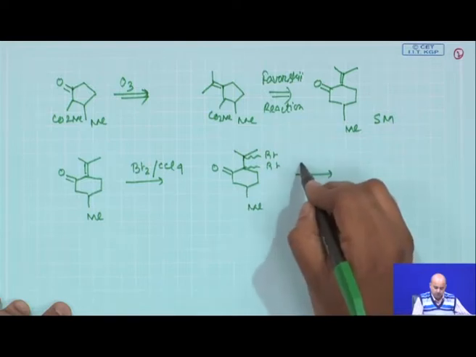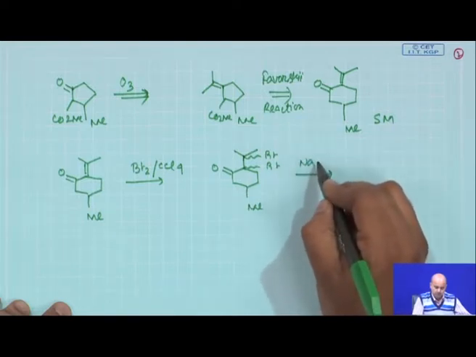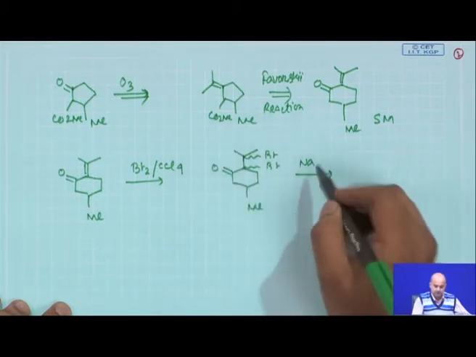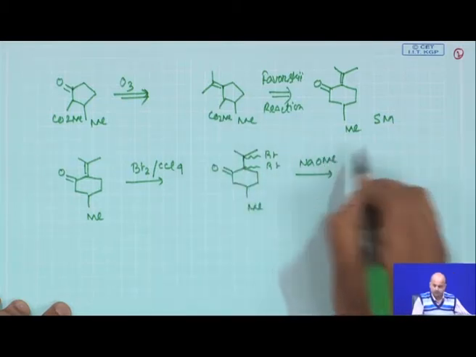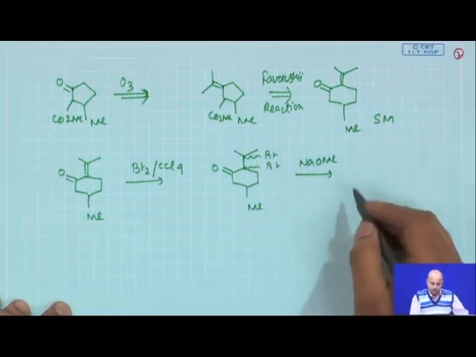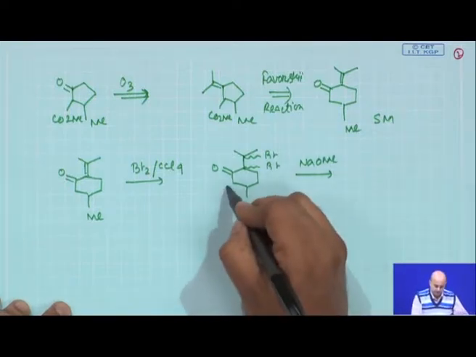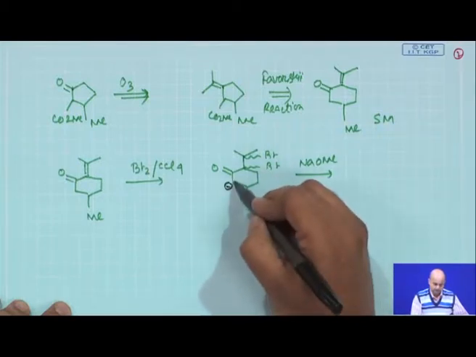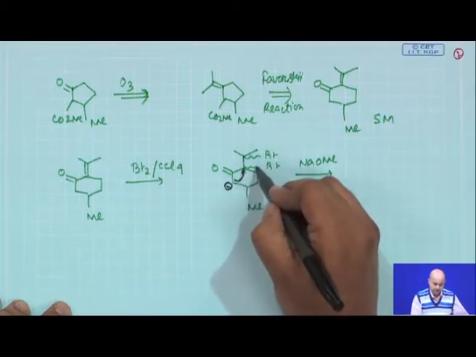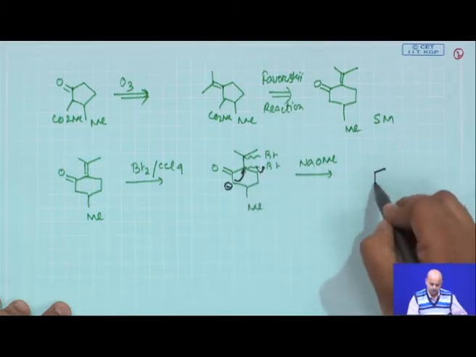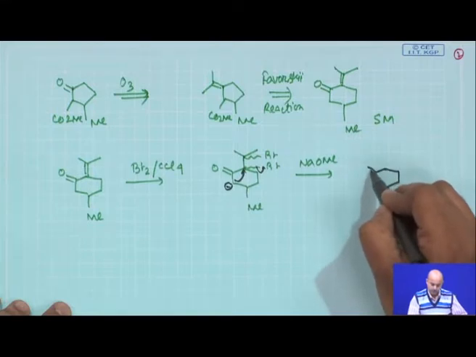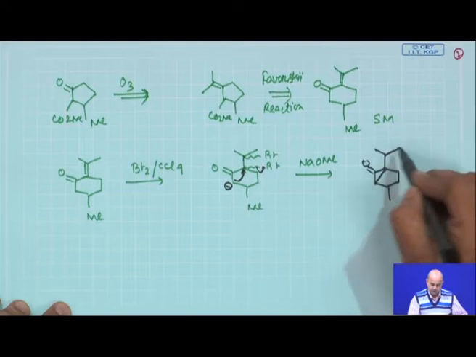Now, we react with sodium ethoxide or sodium methoxide. Here, as it is a methyl ester, we use sodium methoxide. Once you use the sodium methoxide, initially this carbanion will be generated and this will react with this bromo to give you the cyclopropanone intermediate in the Favorsky reaction.